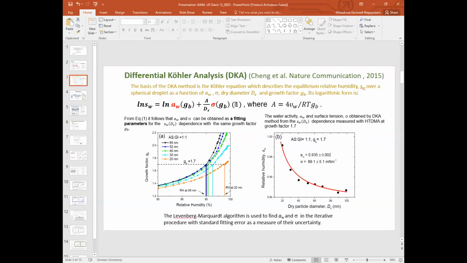And they show that if you have hygroscopic growth measurements at different relative humidity for different initial aerosol diameters, you can plot this figure and use a logarithmic form of the Kelvin equation to fit this dependence and obtain surface tension and water activity as fit parameters of the Kelvin equation.